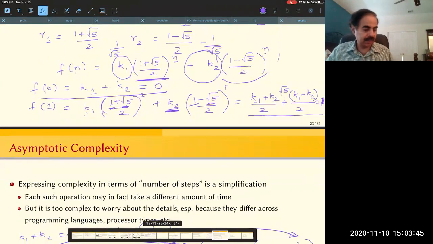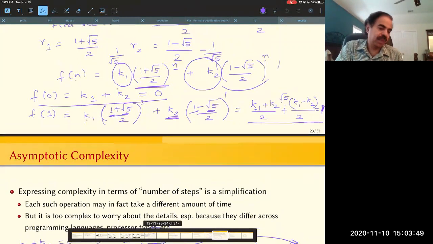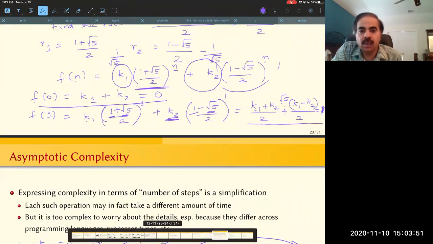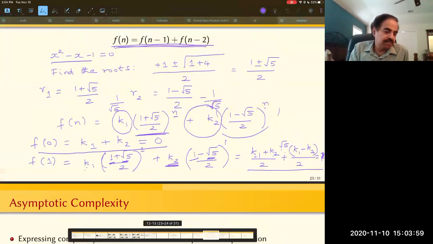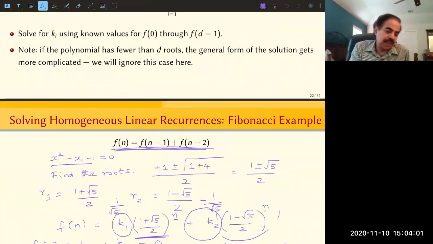So last lecture we were talking about recurrences and how recurrences can be solved. In particular, we were talking about homogeneous linear recurrences, where you have equations of the form f of n equals f of n minus 1 plus f of n minus 2 and so on, right?